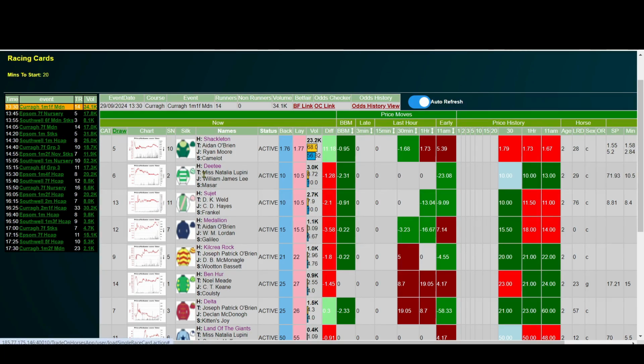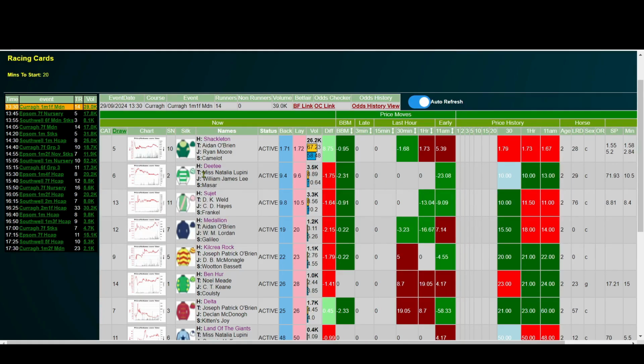On the right of that, similar to the Racing Post layout, you've got the runner, the rider, the trainer, and the Betfair graph with the draw number and the horse's number in the race, followed by its current Betfair price to back and to lay.